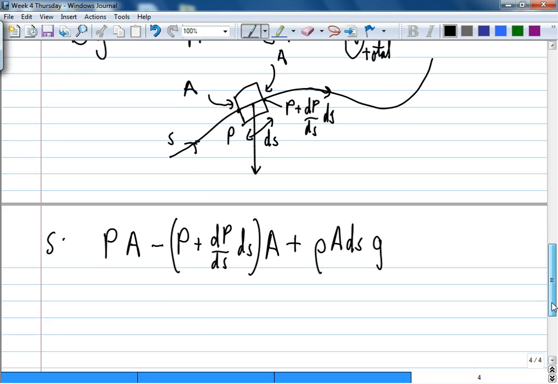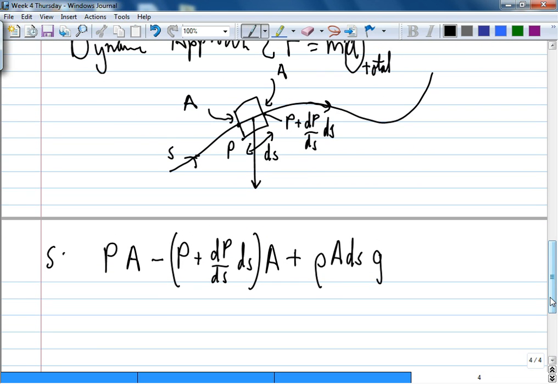But the direction matters: rho A ds times g, but we only want this component here.